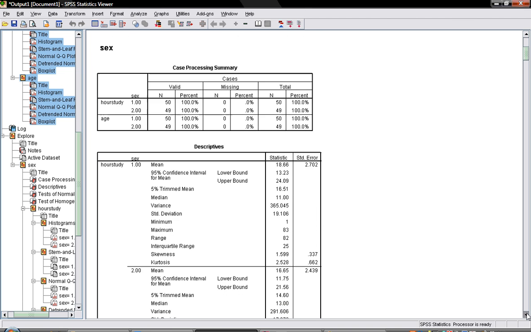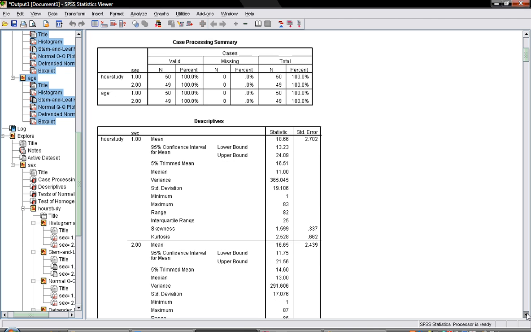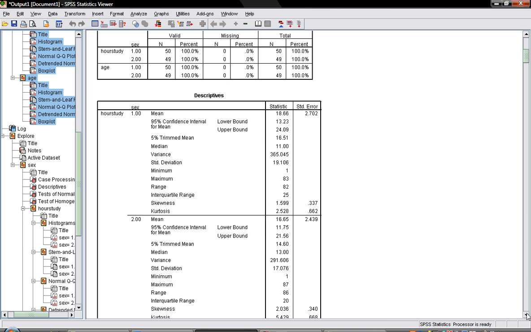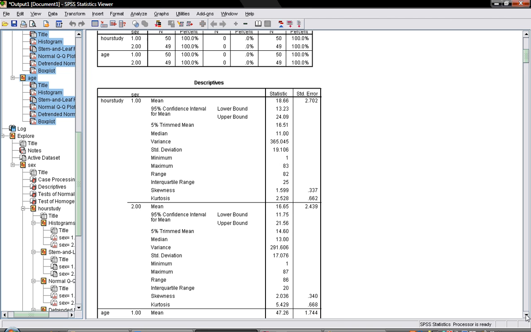A very quick and initial process to know the normality of distribution is through skewness and kurtosis. As you can see, it is more than even 1. So definitely the hours of study is not normally distributed for both sexes. We have up to 2 skewness here and 5 kurtosis.